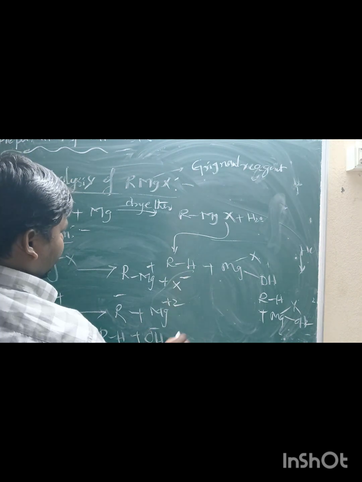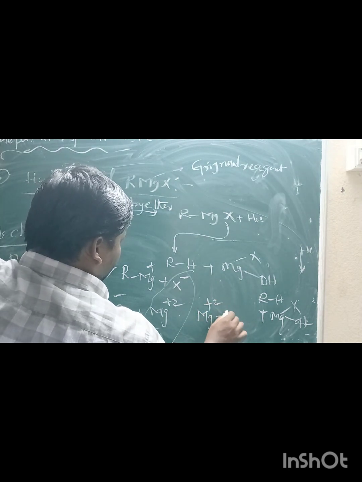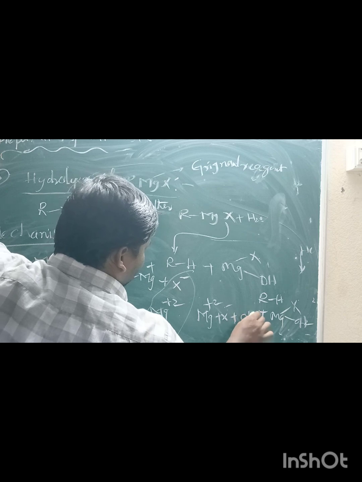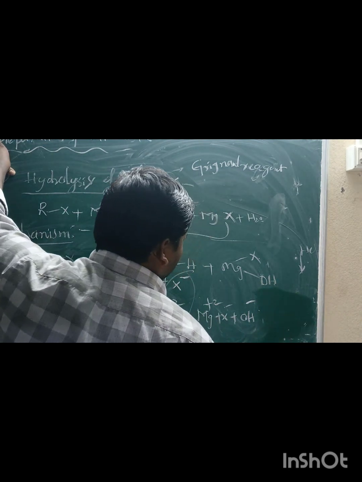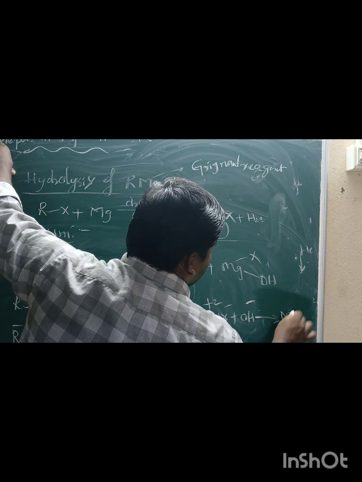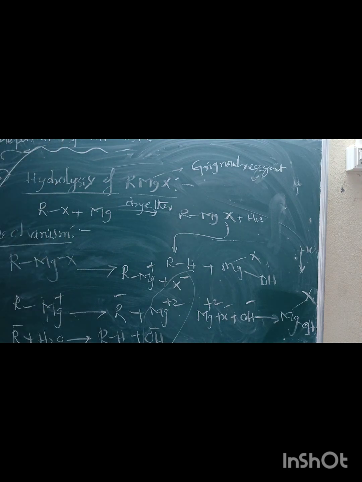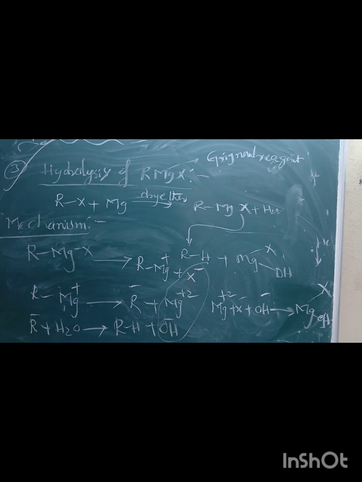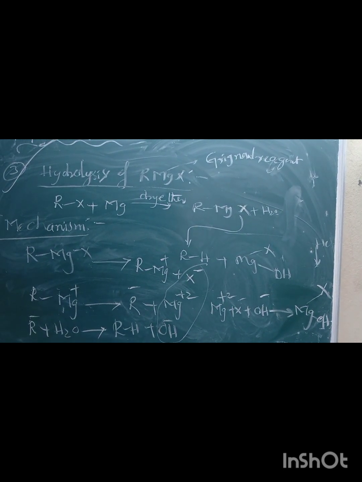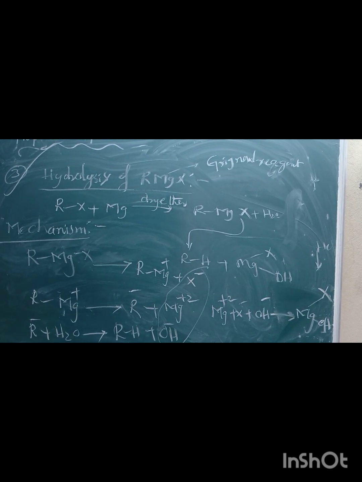These three, Mg 2 plus, X minus and OH minus ions, combine to form MgXOH. This is the information about the third preparation, hydrolysis of alkyl magnesium halide.